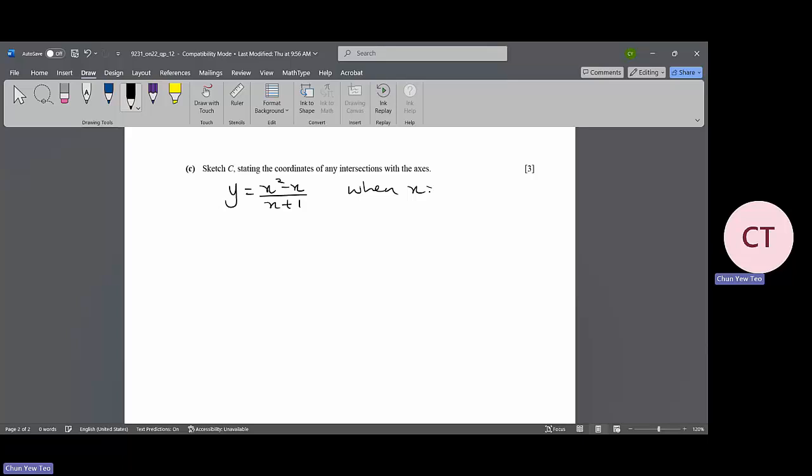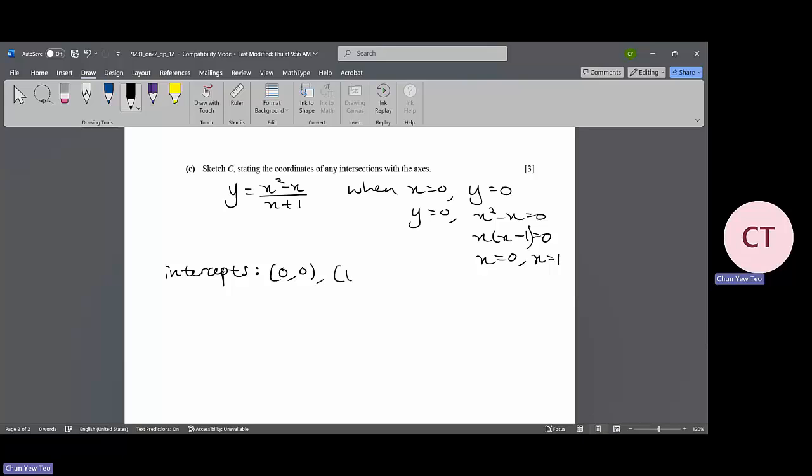When x is equal to 0, y is 0. When y is equal to 0, then x squared minus x is equal to 0, so x is equal to 0 and x equal to 1. So you have the intercepts (0, 0) and (1, 0). These are the two intercepts that we have.